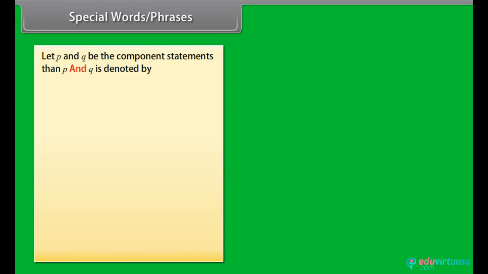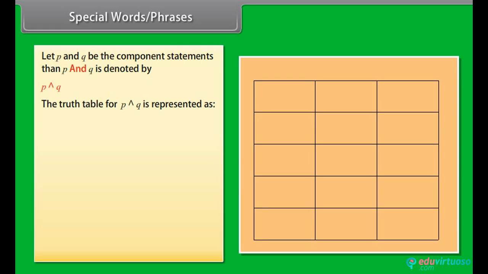Let P and Q be the component statements, then P and Q is denoted by P and Q. The truth table for P and Q is represented as: for P true and Q true, P and Q is true. For P true and Q false, P and Q is false. For P false and Q true, P and Q is false.